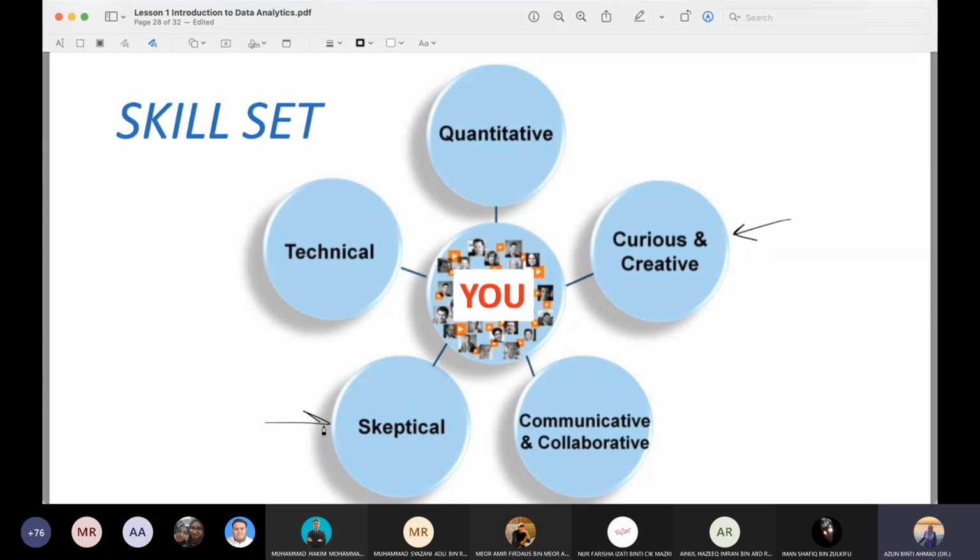Need to be skeptical also untuk setiap solution yang you buat. And then communicative and collaborative sebab we will work in team, so kena pandai how to communicate with the user, how to communicate with the other stakeholders dalam you punya project.